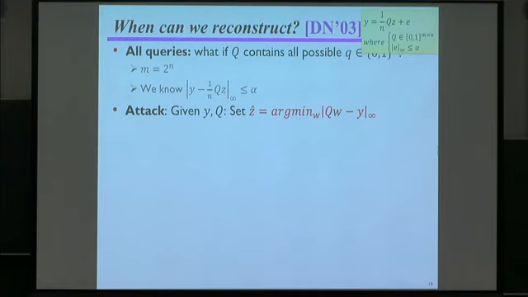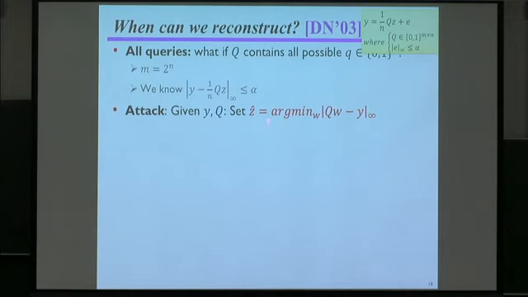So the idea, what an attacker can do, given Y and knowing this matrix Q, which consists of all possible binary linear combinations, is just look for any vector Z hat which is consistent with the released statistics. Meaning, I'm sorry, there's a 1 over n missing right where the red laser pointer is.